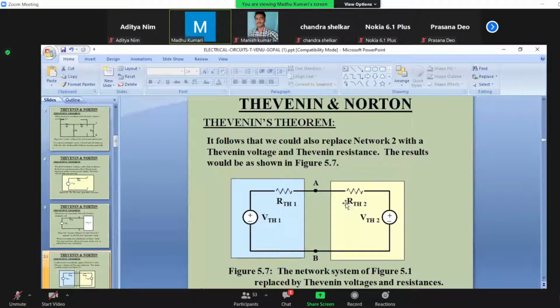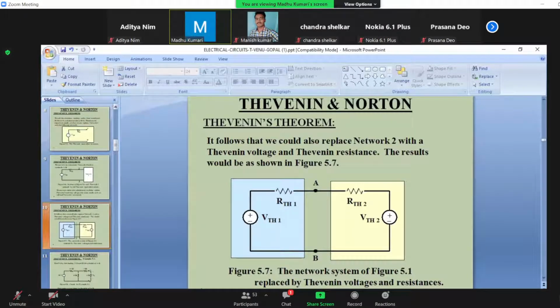But we will not go through this type of network now. We will discuss it in future when we face the problem in AC or three-phase networks. So leave it.